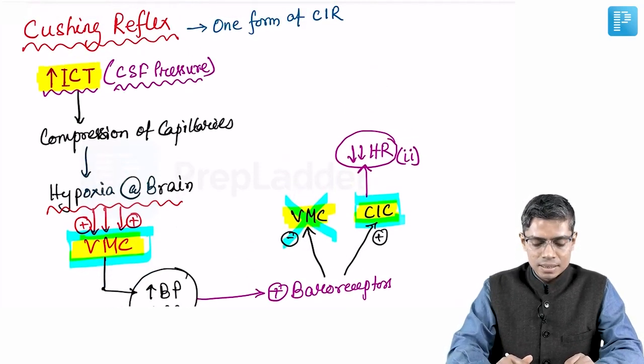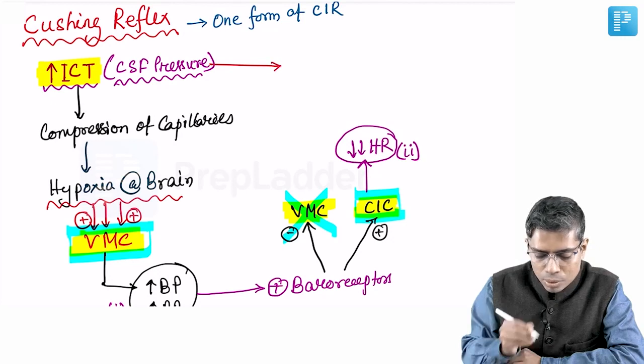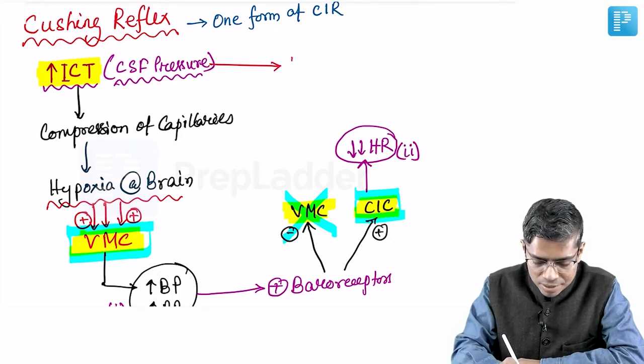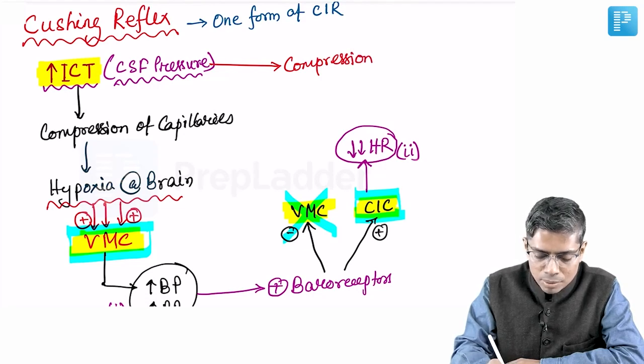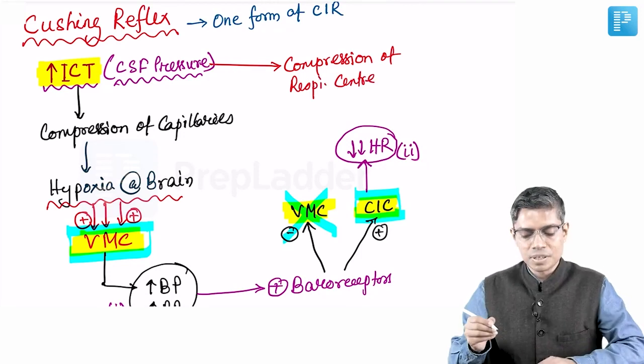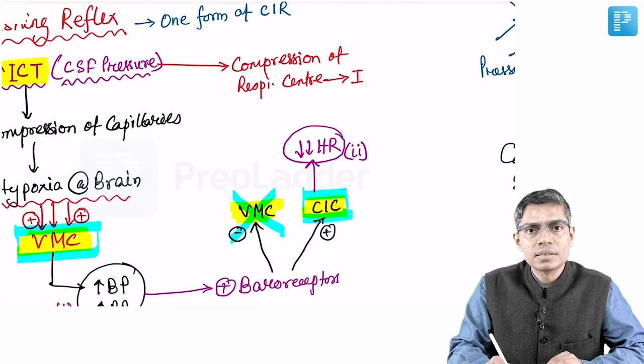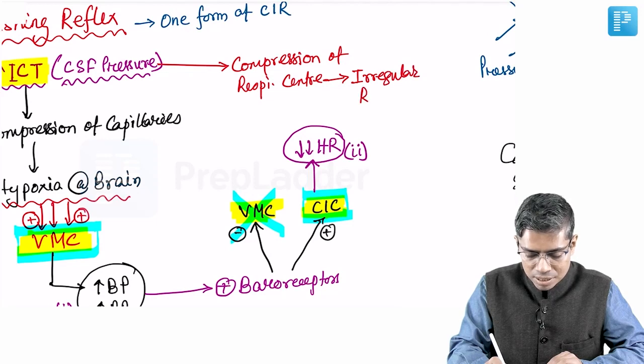And not only that, this increased CSF pressure can also cause compression on the respiratory center, because the respiratory centers are located at the level of the medulla. Compression of the respiratory center will lead to irregular respiration. So irregular respiration is also going to happen.